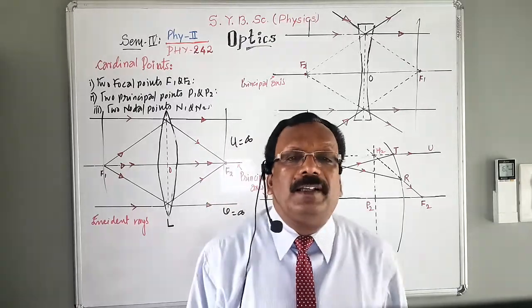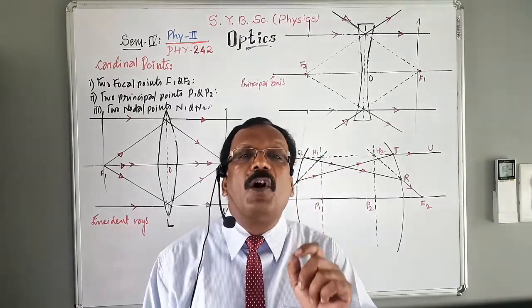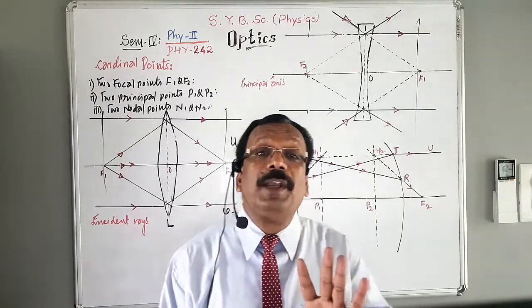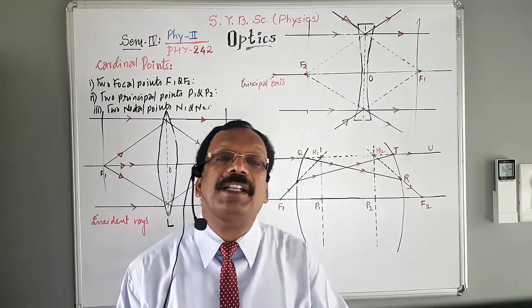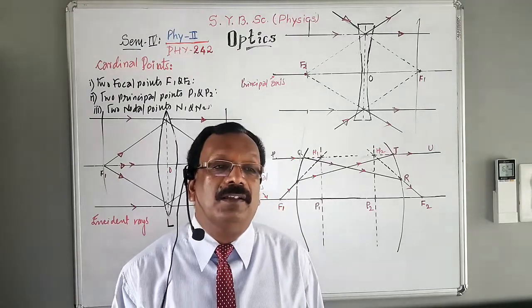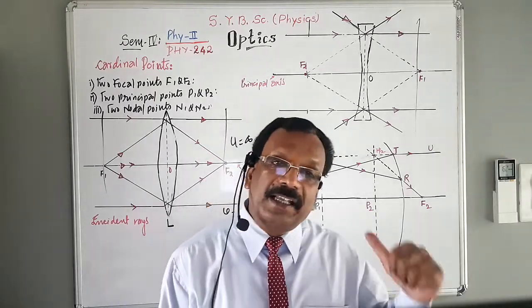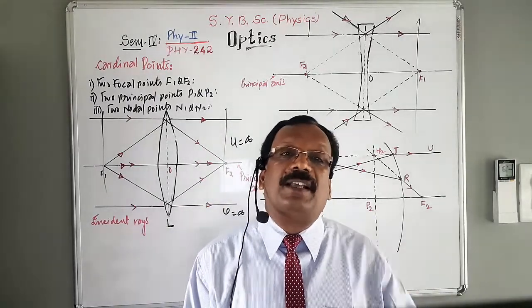I already told you that a combination of two lenses having a common principal axis is called a coaxial system of lenses. And here we are going to consider such a coaxial system.